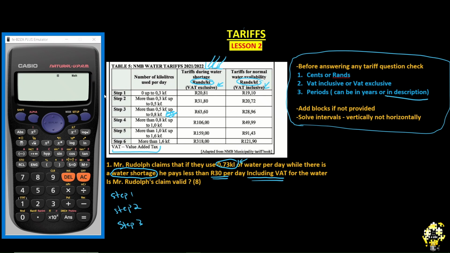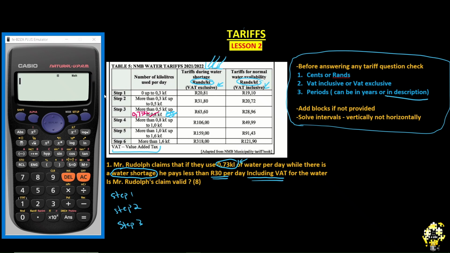How do we do that? We go and eliminate this 0.8. Why? Because we don't need the 0.8. Actually, what we need is 0.73 kiloliters. The reason why we did that is so that after the end of step 3, we are going to get exactly 0.73 kiloliters, and you will see that.